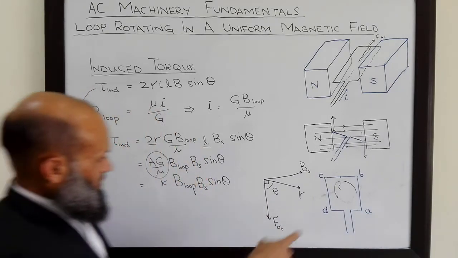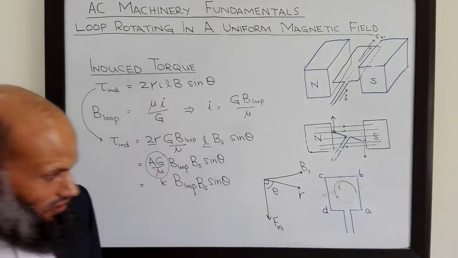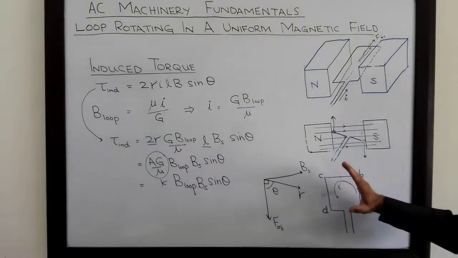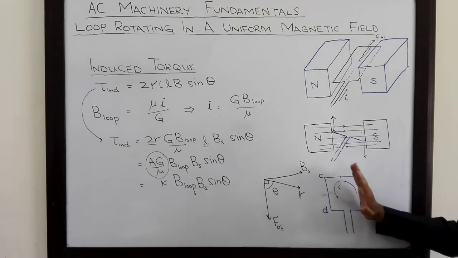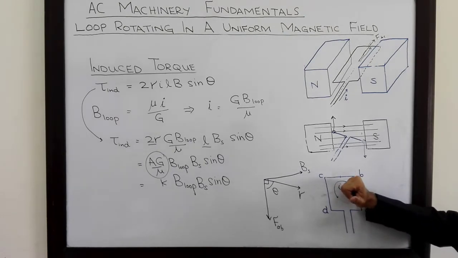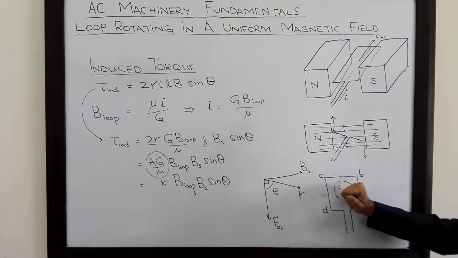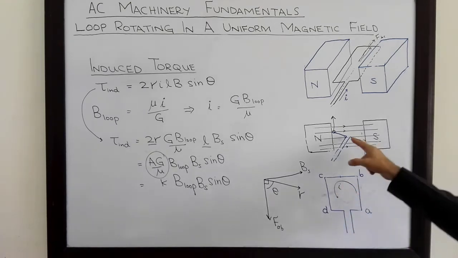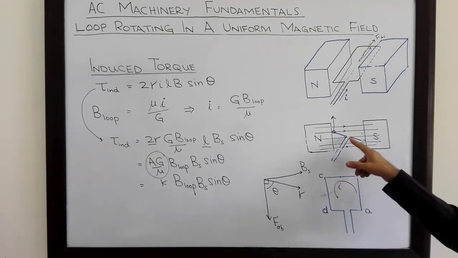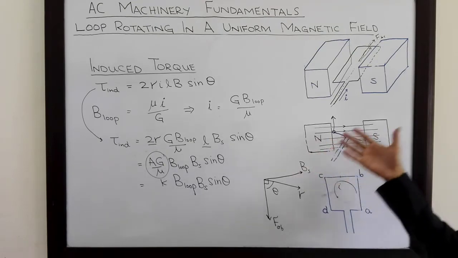What is direction of B loop? We know that direction can be determined by grip rule. If fingers point in the direction of current, then this thumb will indicate the direction of flux density due to this current. That is perpendicular to the surface of this coil. That is in this diagram, what will be the direction of B loop.